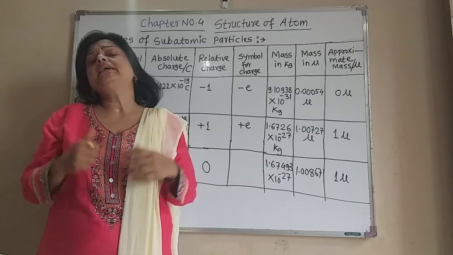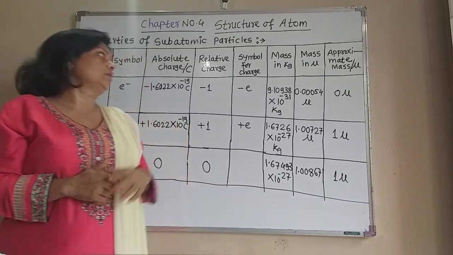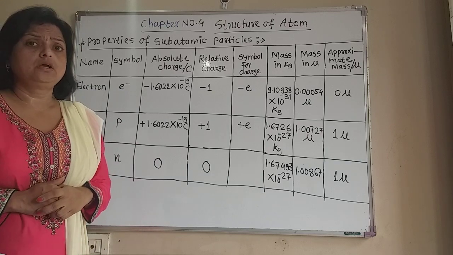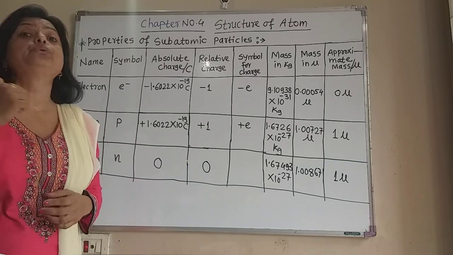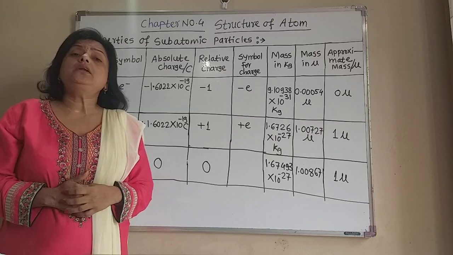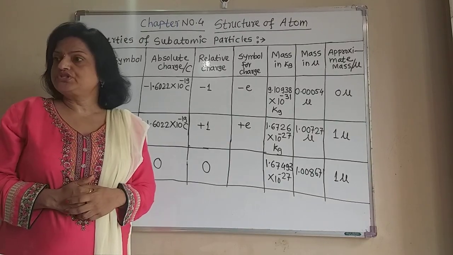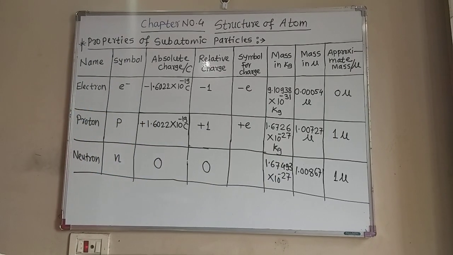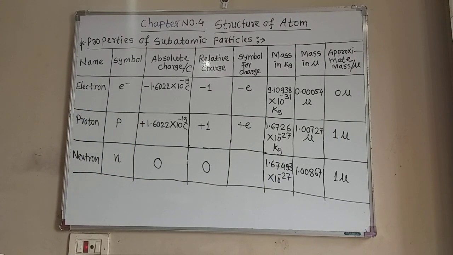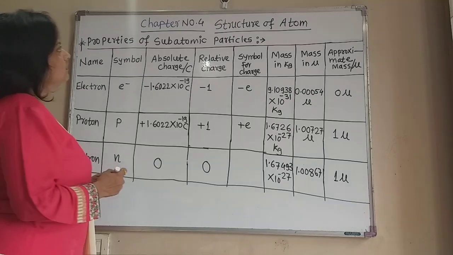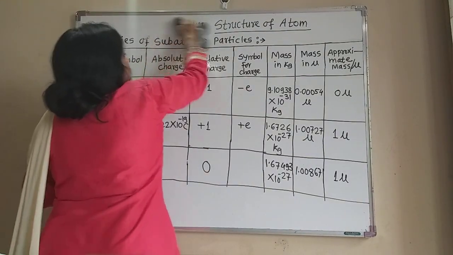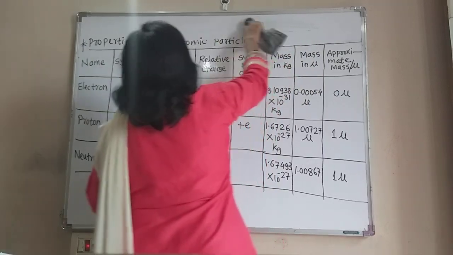Now, how was the proton discovered? The proton, the positively charged particle, is also called the hydrogen nucleus. Now see the nitrogen, whose atomic mass is 14. I write here one radioactive reaction.